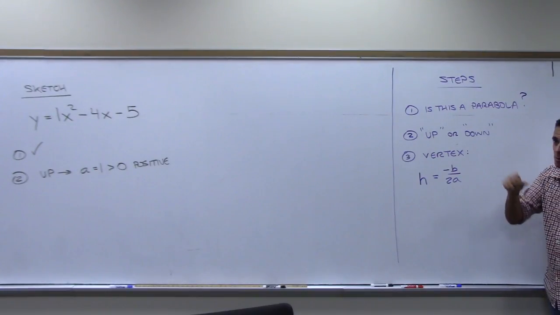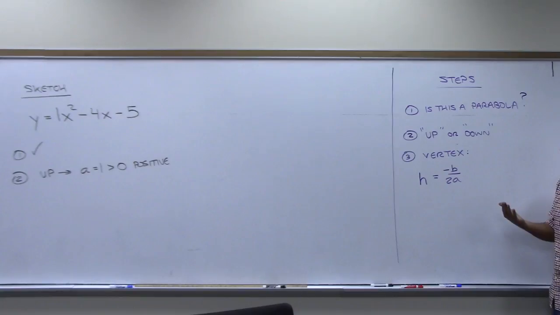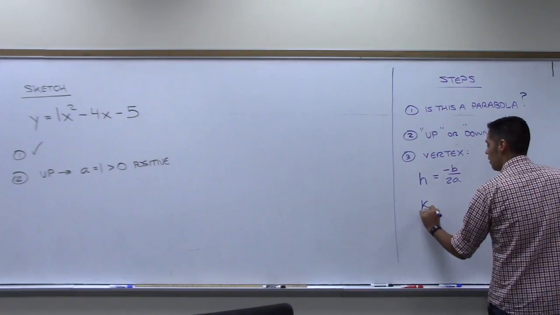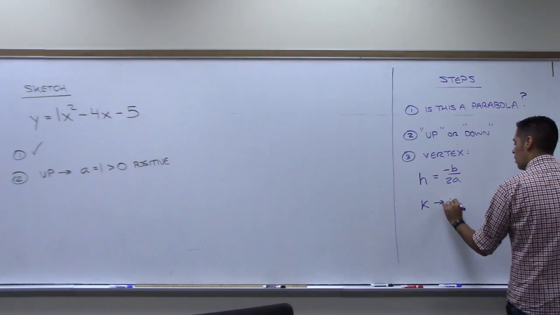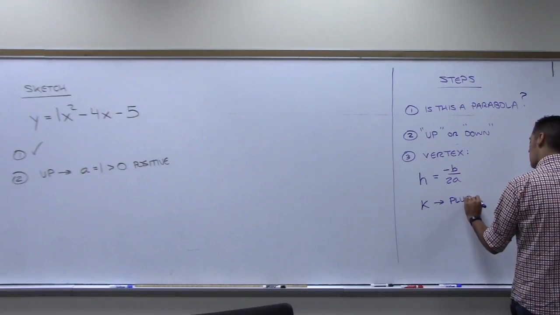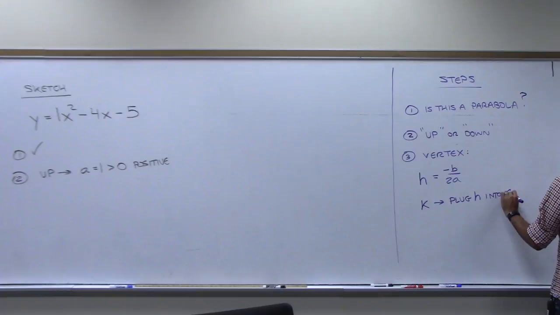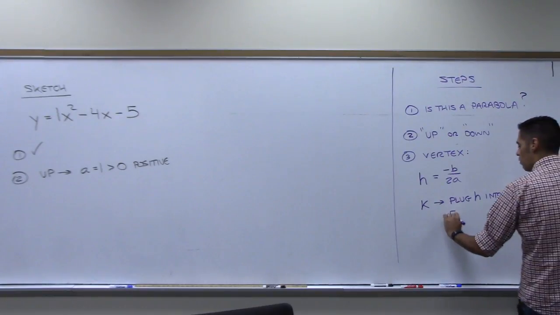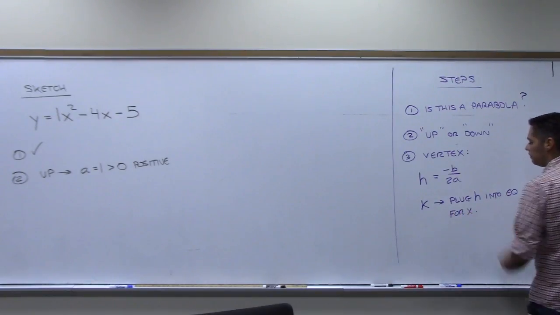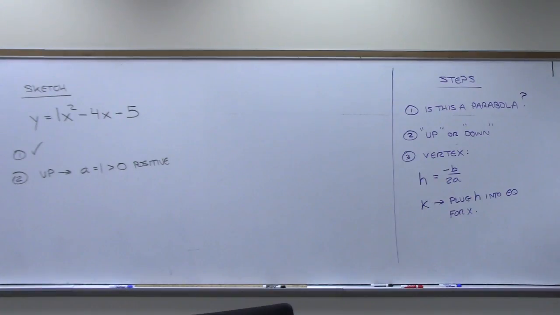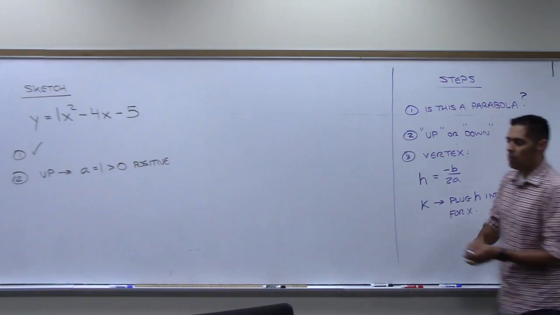Now we still need k. To get k, what we do is we plug h into the equation for x, and that's going to be the k. So I'm going to do that work right here.